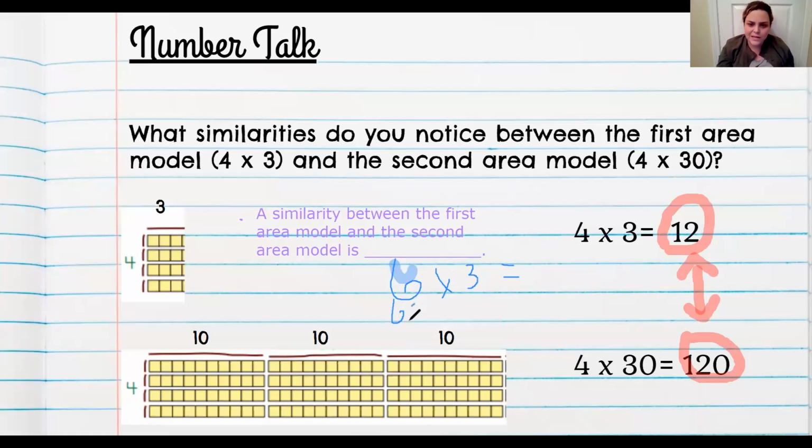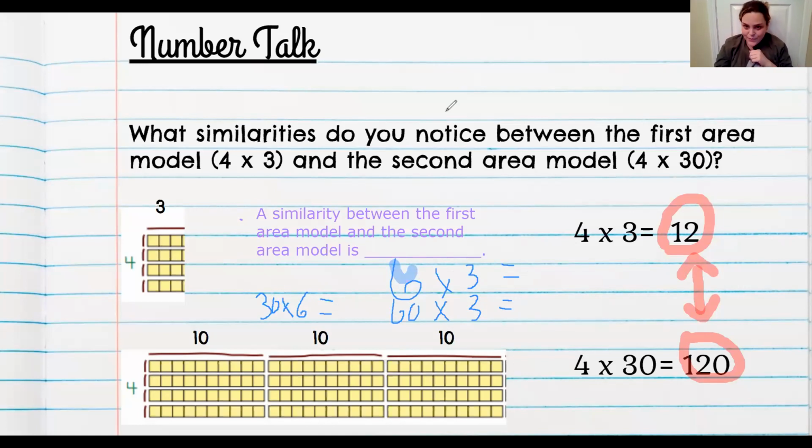What would 60 times 3 be? Do both. Or 3 times 60. Or 30 times 6. If you write what 6 times 3 is, you can figure out what 60 times 3 is and 30 times 6. Pause me now so that you can try that.